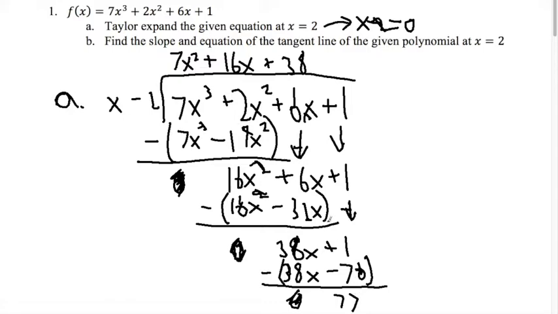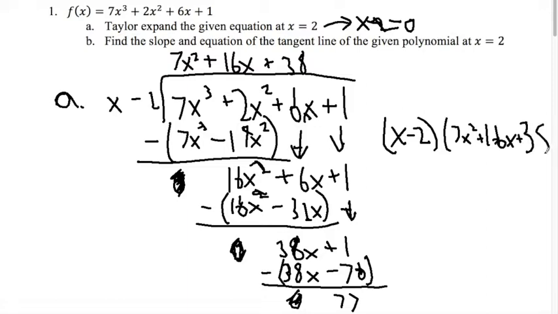So after expanding this one time, instead of having this big equation, we are given x minus 2 times 7x squared plus 16x plus 38, all plus 77.